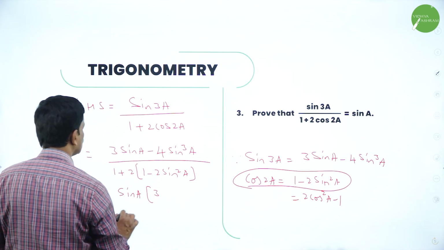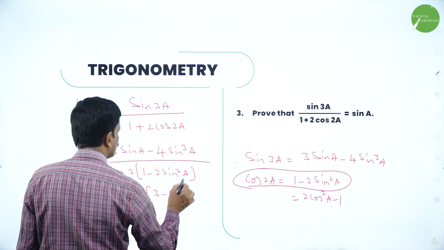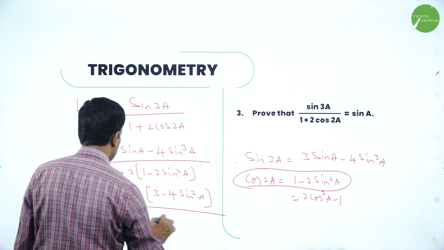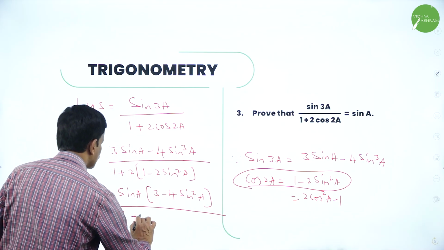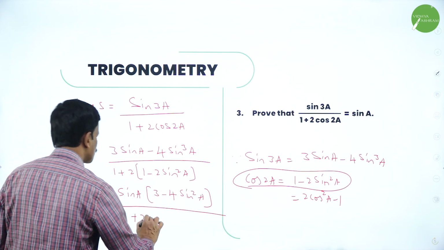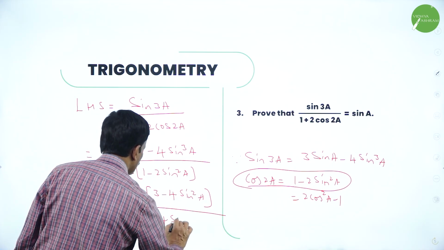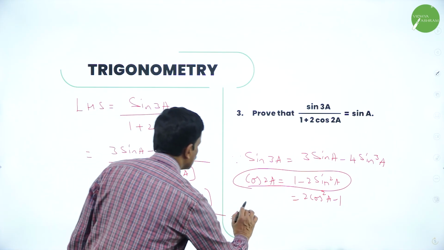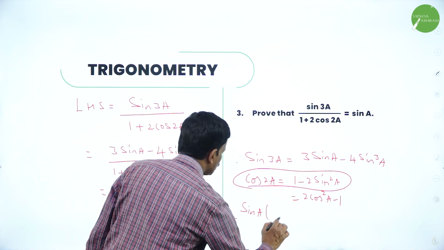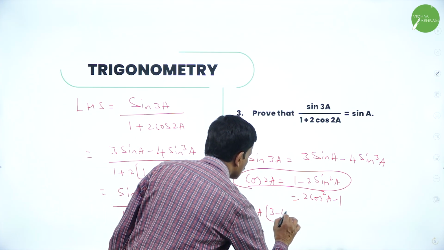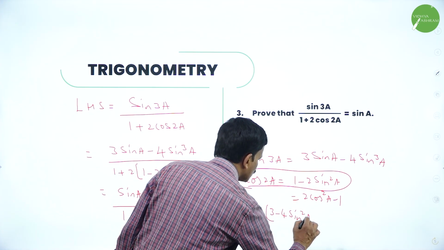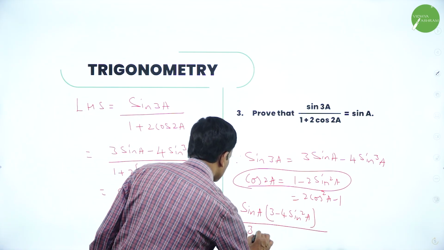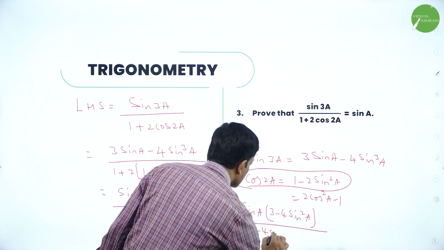What is left over is 3 minus 4 sin square A. In the denominator, 1 plus 2 into 1 is 2, minus 2 into 2 is 4 sin square A. Now, this is equal to, numerator is the same, sin A into 3 minus 4 sin square A, divided by, in the denominator, 2 plus 1 is 3 minus 4 sin square A.